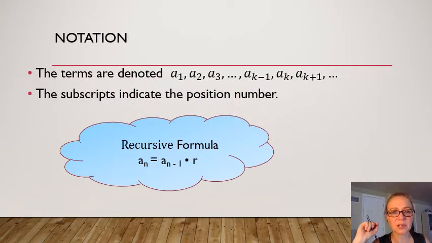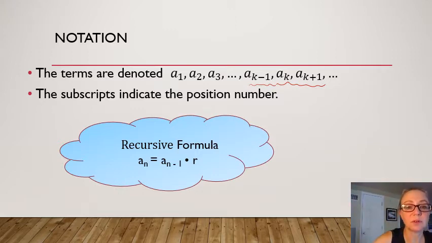A brief mention of notation. It's traditional to use the letter A to represent the terms of a sequence. The subscripts indicate the position number. This trio of strangeness here is simply a way of expressing some general term where K is any number.